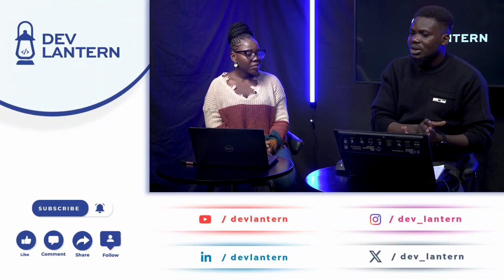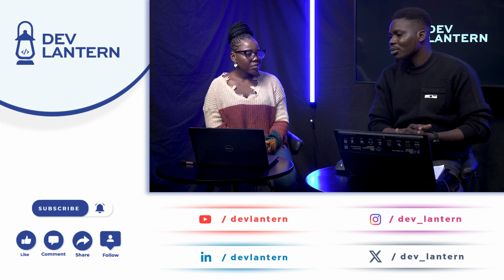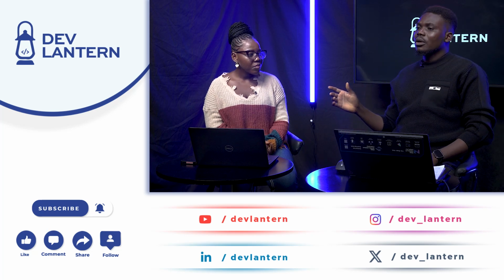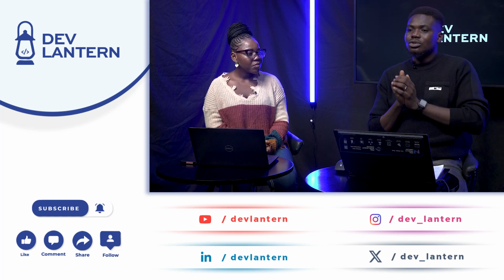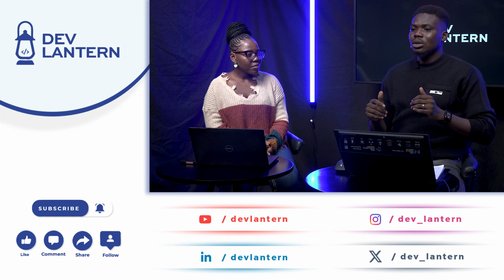Then the inventory service, what are you going to check for? Then the order service: is it that there is insufficient quantity, or the quantity you are ordering is not available? What is the problem?